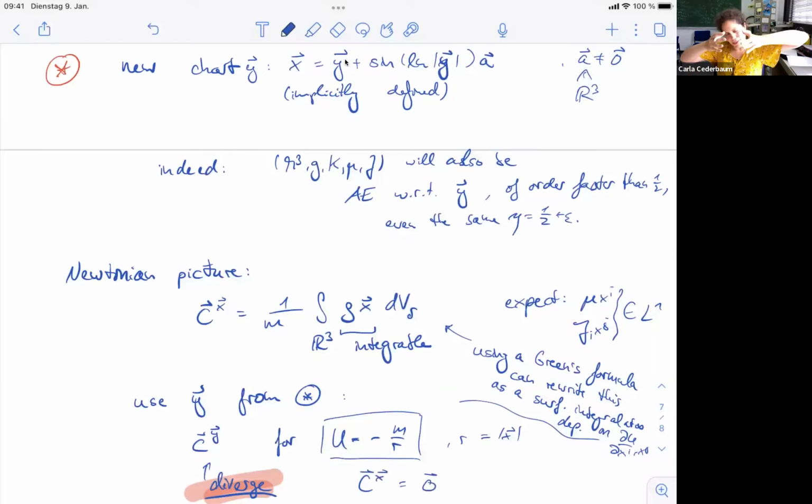What you will find is if you look at a fixed sphere of some fixed large radius r, and you look at the surface integral over that sphere, you will get some contribution in the direction of this vector a. And then if you change your radius, it will oscillate back and forth between a and minus a with a speed that's like sine of the logarithm of the radius, approximately. So it will not converge, and while you go out along your spheres, it will oscillate back and forth.